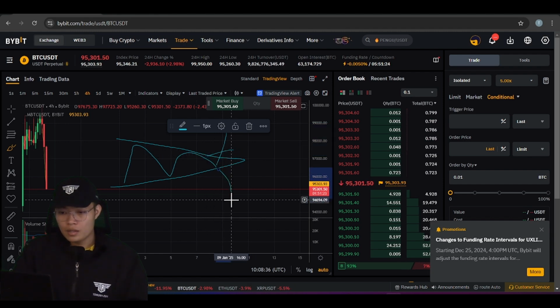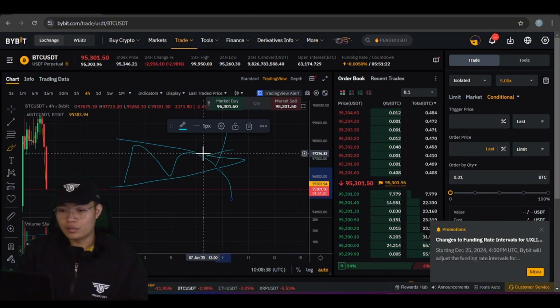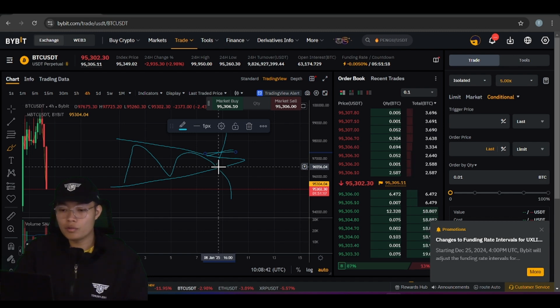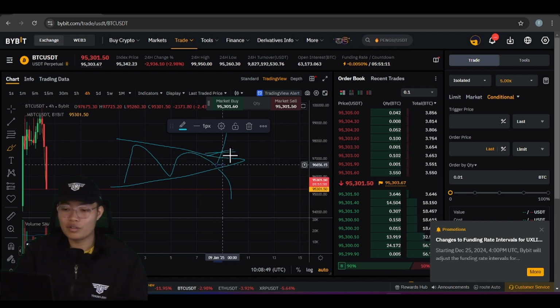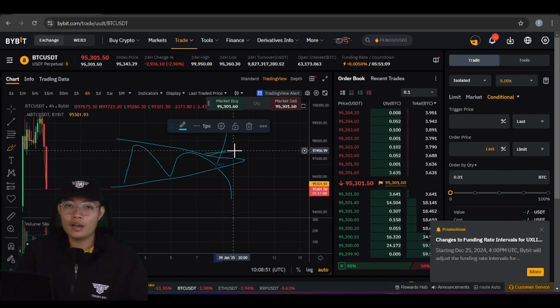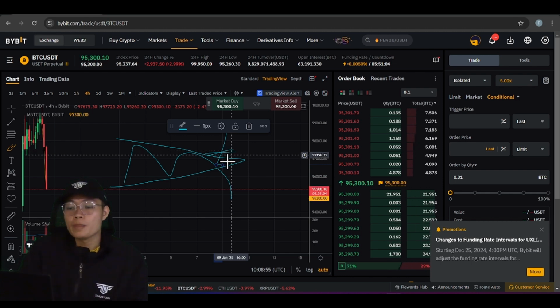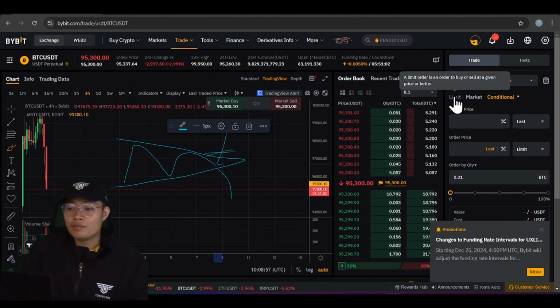All right. Because you cannot place a limit order at a price that is higher and worse for you, you need to use conditional orders. So what happens if you use a limit order and the price is here? When you put a limit order here, it will actually automatically treat it as a market order, because limit orders are very smart.